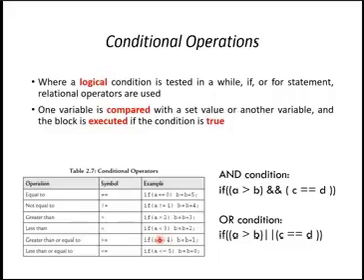Same goes for the rest of the symbols. This one is not equal to. If A is not equal to 1, A can be 10, can be 100, just as long as it is not equal to 1. If that condition is true, then the rest of the code within this block will be executed.